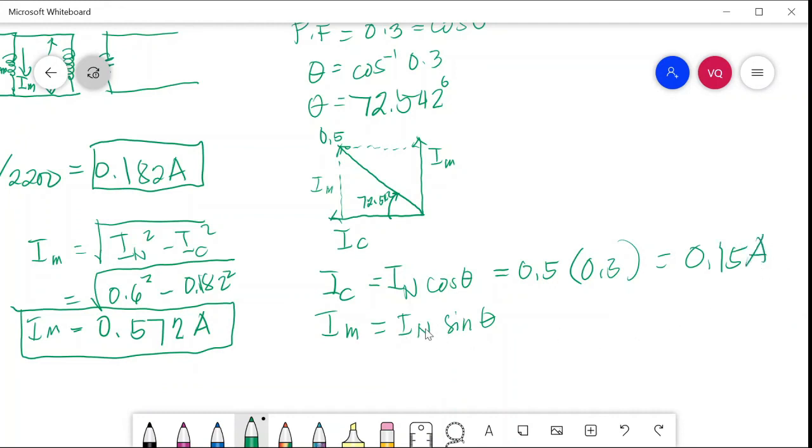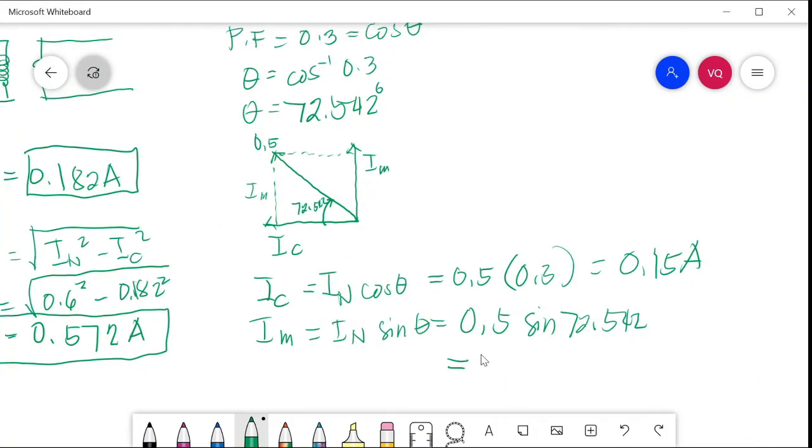Next, IM is equal to IN, 0.5 times sine of what? Sine theta is 72.542. So, IM is equal to 0.47697 amperes.